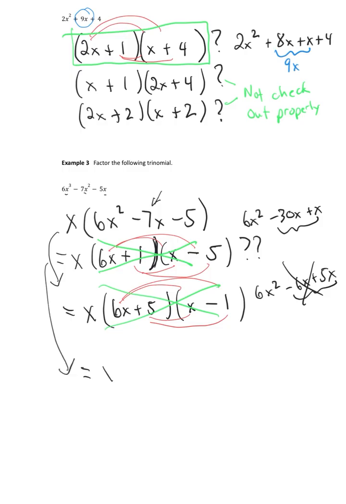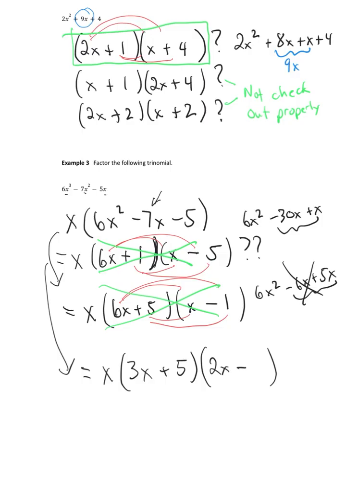Let's switch this up. Let's try to make those, say, like a 3x and a 2x, right? Because that would still give you 6x squared. One's a plus, one's a minus. And again, I think it's going to have to be a 1 and a 5. I just don't see it any other way.